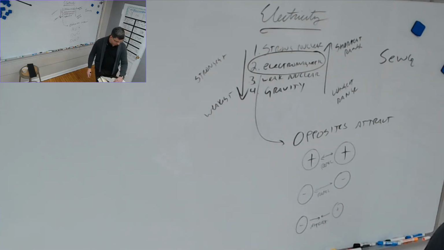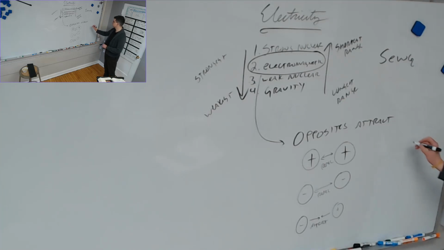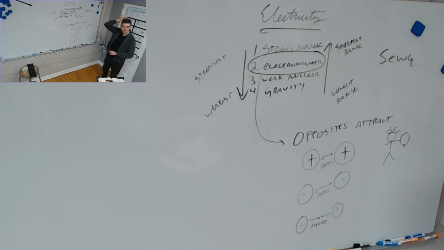And one of the results of this is that if you generate a static charge, you've done this before. This is your hair. And you take a balloon and rub it on your hair. Some of the electrons from your hair are transferring to the balloon, or vice versa. We'll say it's the first way, though.